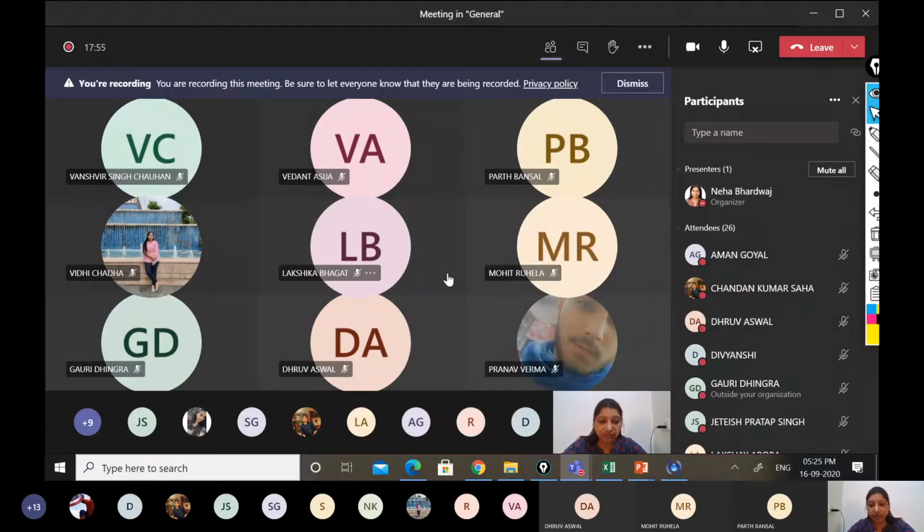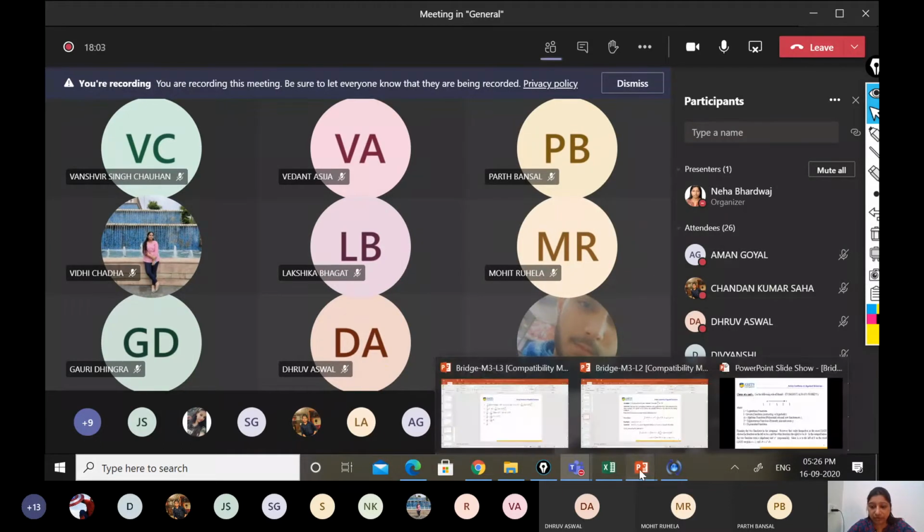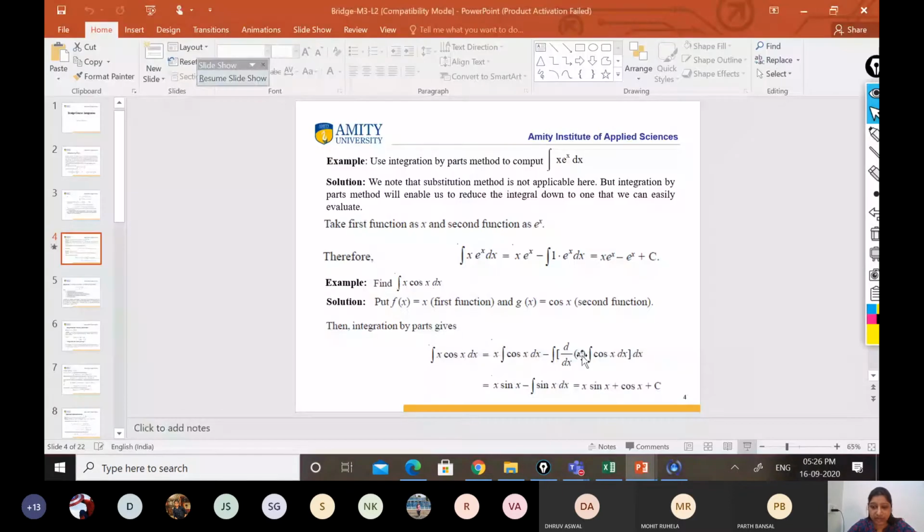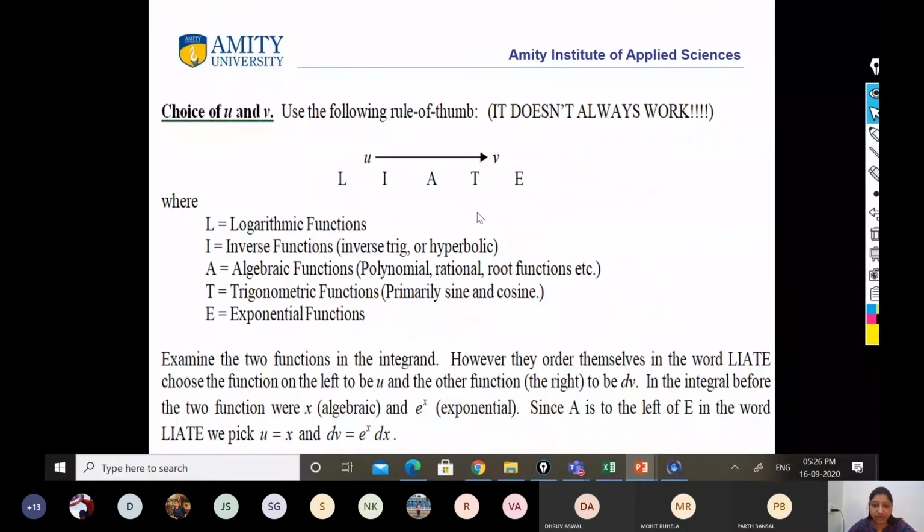Pranav, what have you started, the ILATE rule or LIATE? ILATE. Okay. So ma'am, then we will follow the ILATE rule. Okay. But recently I have checked that it has been changed to LIATE. Ma'am, why has it been changed?